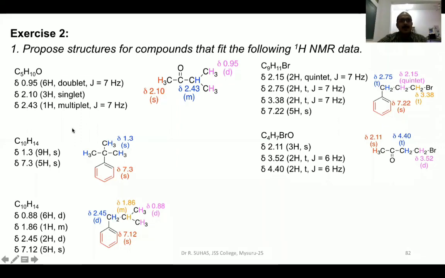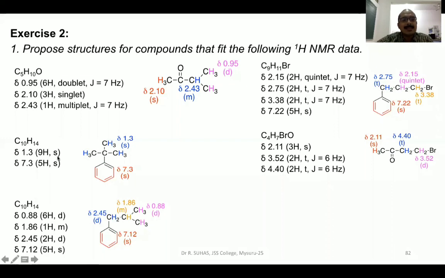The next problem, C10H14. He is telling that there are two kinds of protons, one is 9H, another one is 5H. The first thing that you have to do is to calculate the double bond equivalent. When you substitute 10 and 14 in that formula, you will get the double bond equivalent to be 4. 4 usually refers to the presence of a benzene ring.